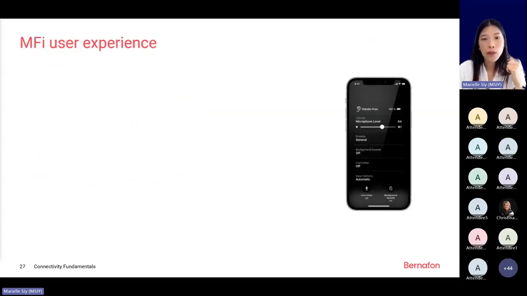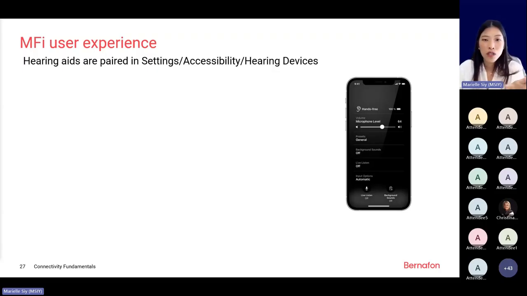And the good thing with MFI is that the user experience is really very seamless. The user may initially be confused as to where to pair the hearing aids since they are not paired in the Bluetooth menu of the phone, but in the accessibility menu.